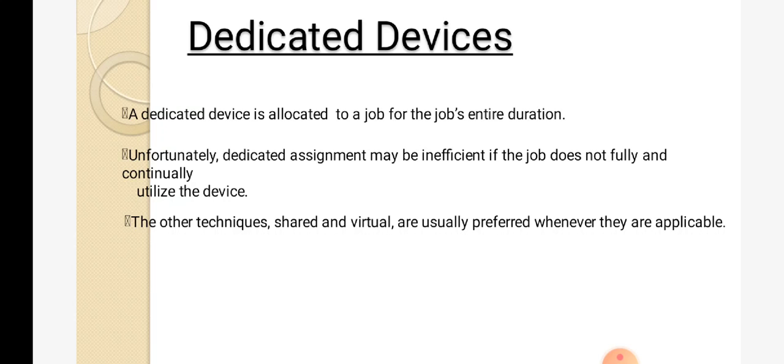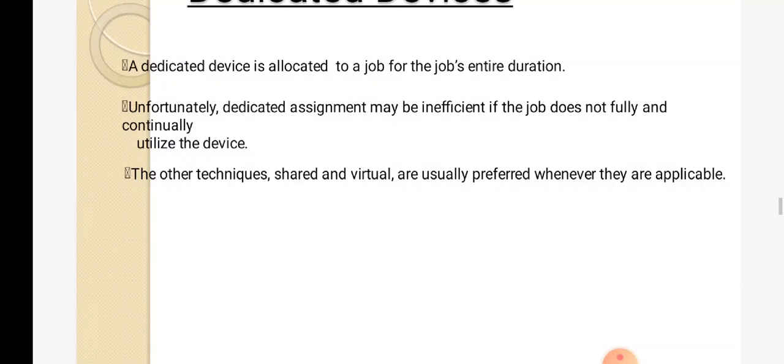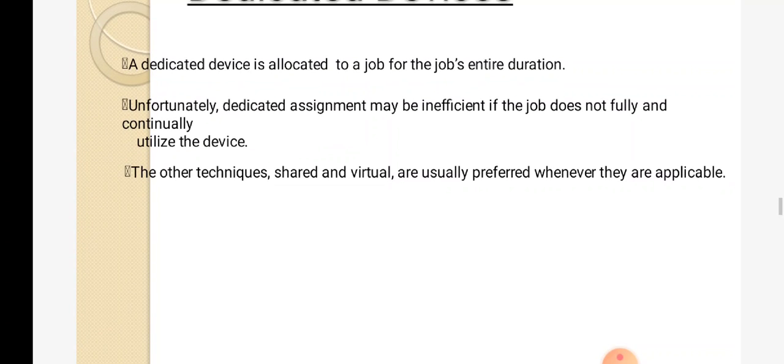Next, let us understand dedicated devices. I told you already, a device offers some services, isn't it? The service the device offers is consumed by only one job at a time, which is called dedication. Are you clear?